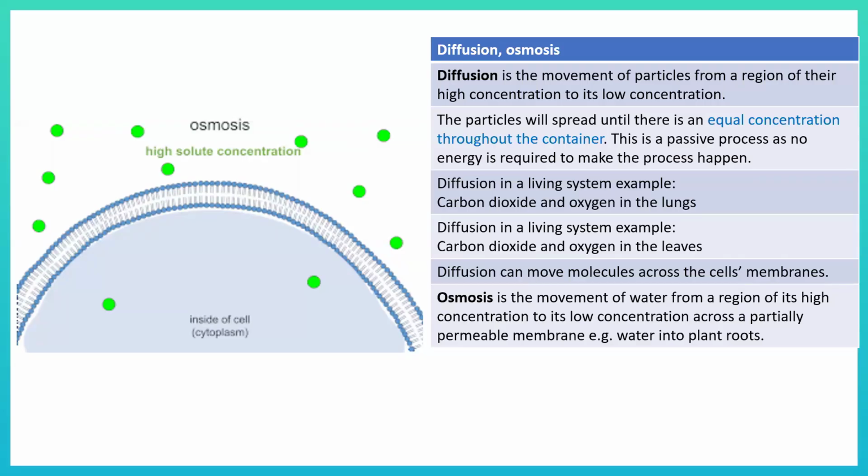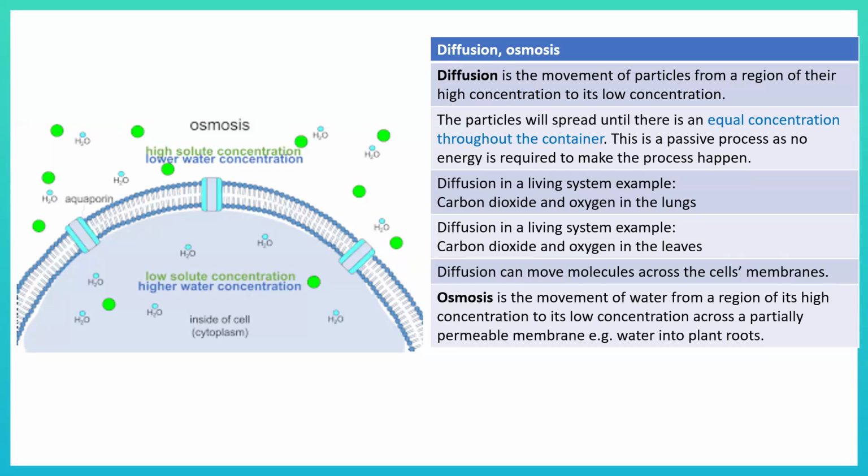I'll explain why in a minute. Low salt inside the cell means relatively high water. So that high water concentration inside the cell means there's a concentration gradient. The water is going to move from where it's high in concentration inside the cell to where it's low in concentration outside the cell.